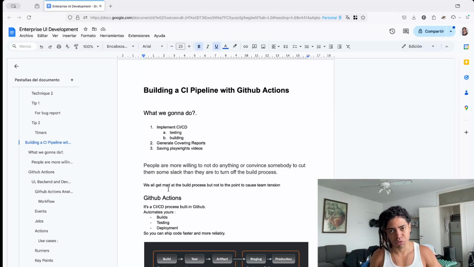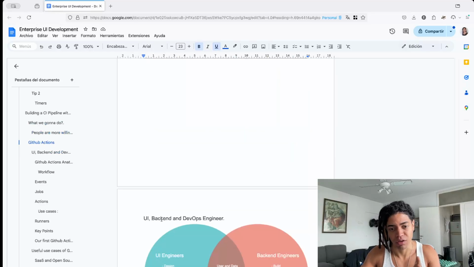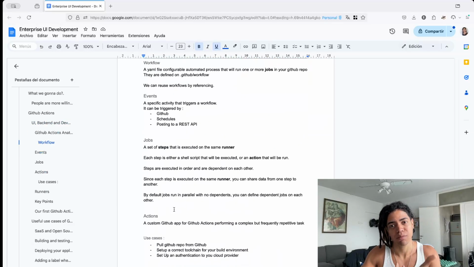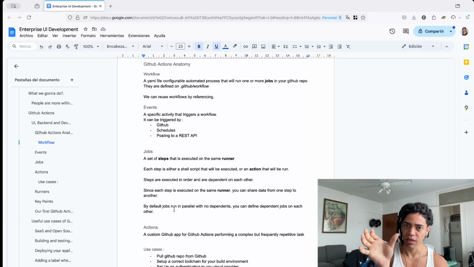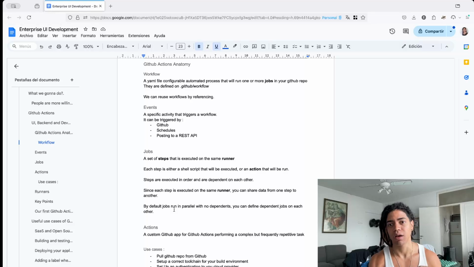that is very interesting. They provide us virtual machines to run our workflow, and that's when we start to look at the workflow here, the anatomy of the workflow, which allows us to define all of these particular jobs, which by default run in parallel, right? And the great thing about this is that we can reference that particular workflow anytime that we need to.